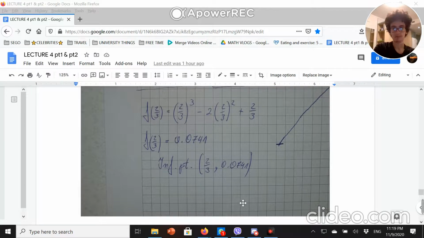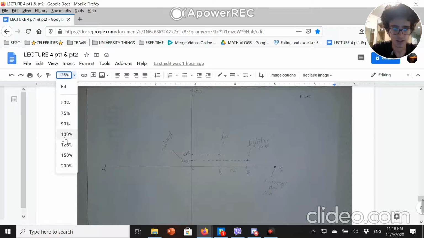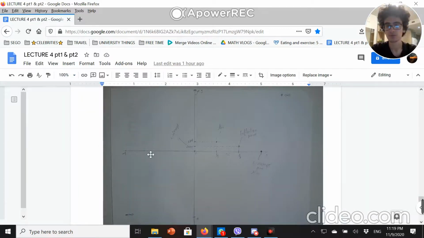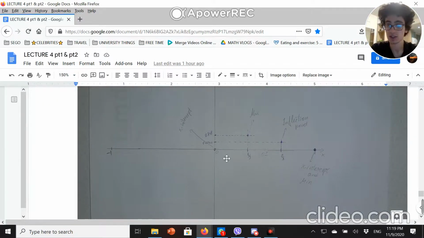Now, knowing this, we know everything we need in order to graph. So let's go back. I hope you can see this, by the way. First we're going to find all the points that we need. Our negative infinity is somewhere down, so we can put any random points we want, it doesn't matter. It also applies for positive infinity. Our first x-intercept is 0, the second x-intercept is 1, so we put x at 1.